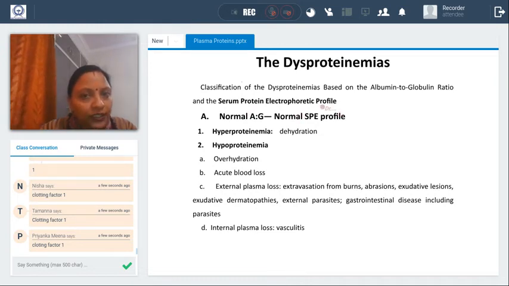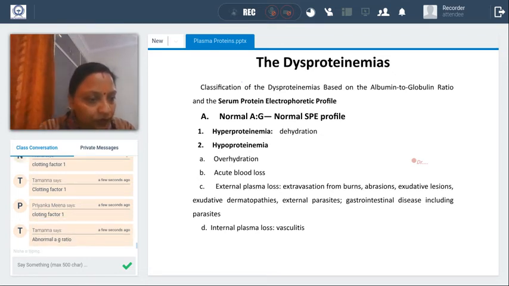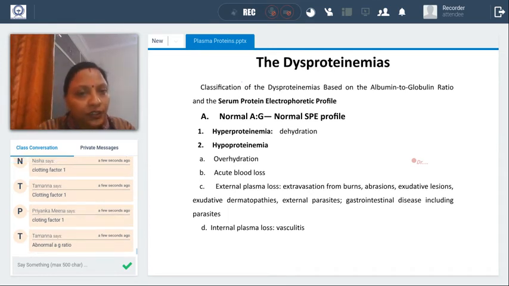Am I audible to all of you? Yes, abnormal AG ratio, it may be so, or it may be an abnormal serum protein electrophoretic profile. It is called the SPE profile.